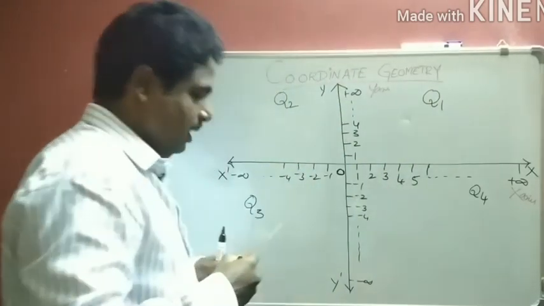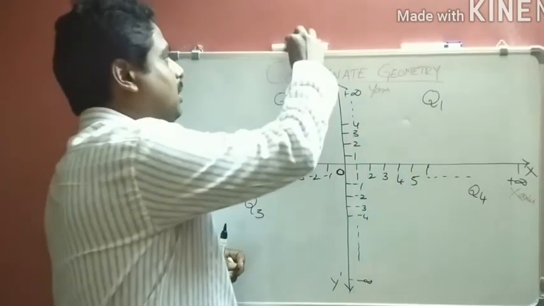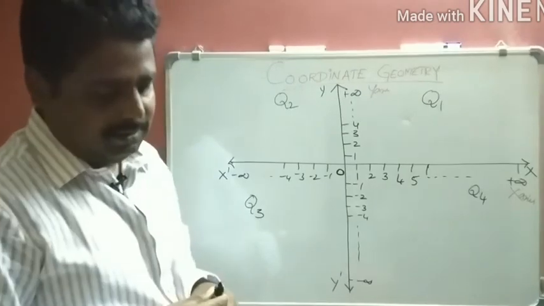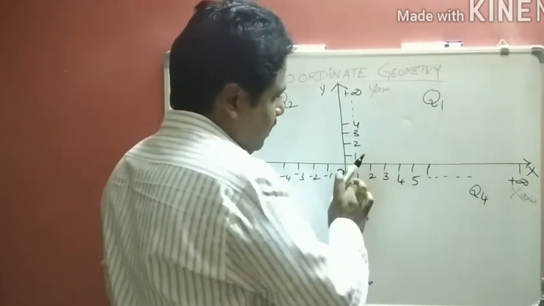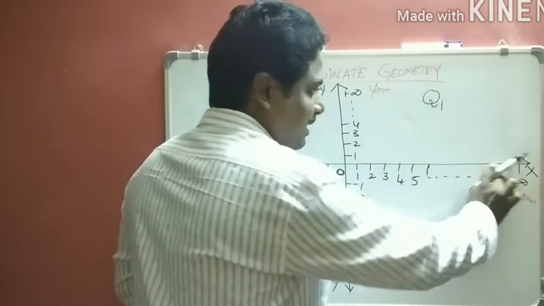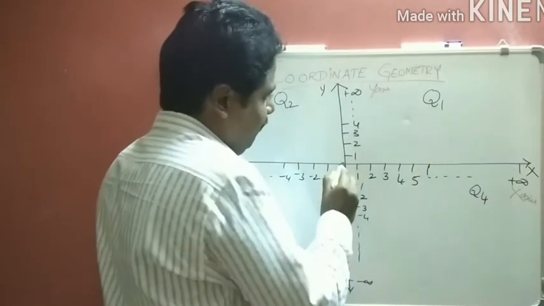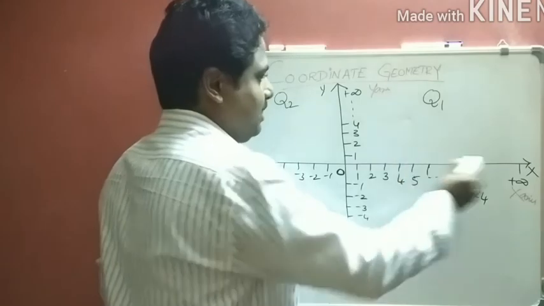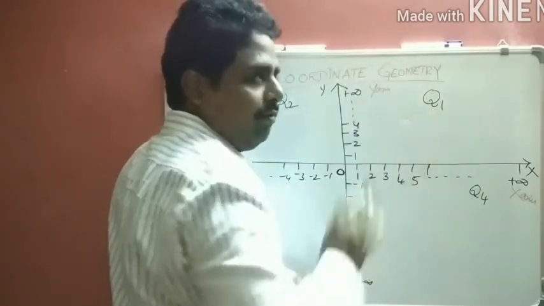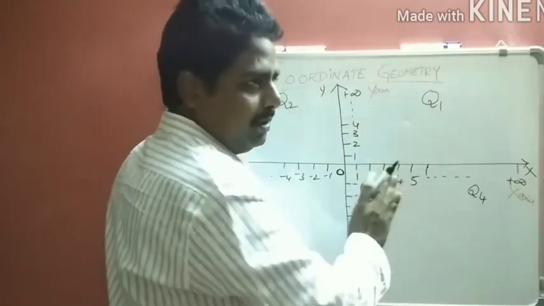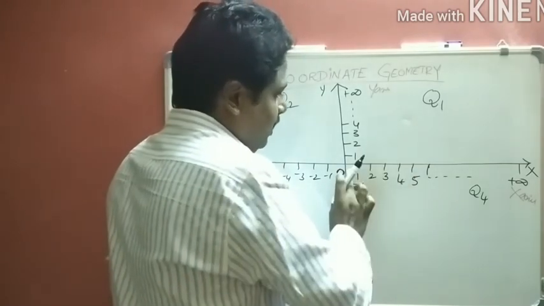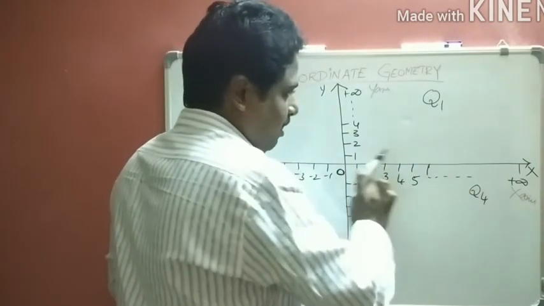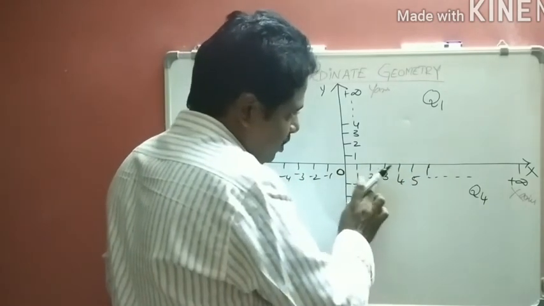Okay. Now let us take quadrant 1. Quadrant 1 means X O Y, one part of the four parts. Here on the x-axis, the horizontal line, we have positive numbers.